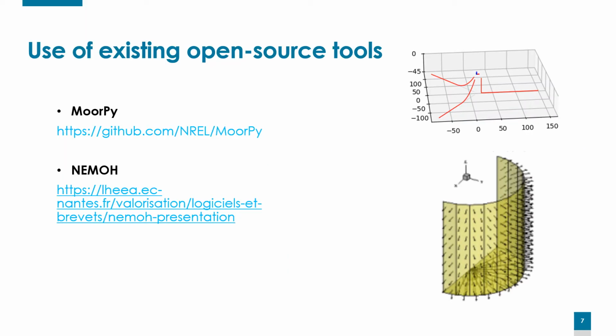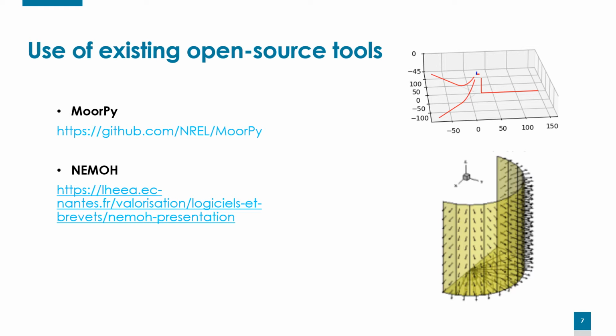The tool builds on existing open source tools. As well as the previously mentioned DT Ocean and DT Ocean Plus, 2 other simulation methods are used in this development. MoorPy is a quasi-static mooring model developed by NREL in Python. We use it to calculate the equilibrium offset positions, linearized mooring stiffness matrix, and peak mooring line forces at the maximum offset.